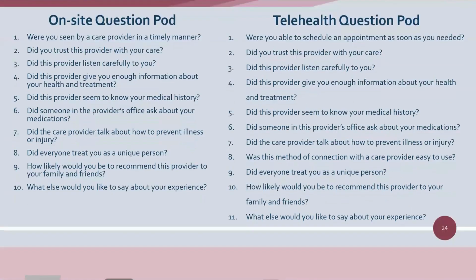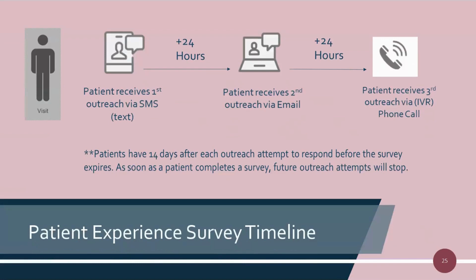This is how the mixed mode delivery survey is performed. Patient experience survey timeline first begins after the patient completes a visit with one of our CHP providers. The patient will receive the first outreach attempt via text message to complete the survey.